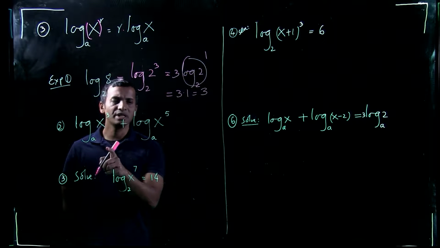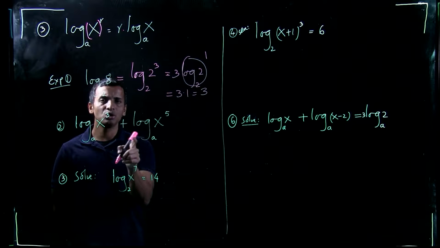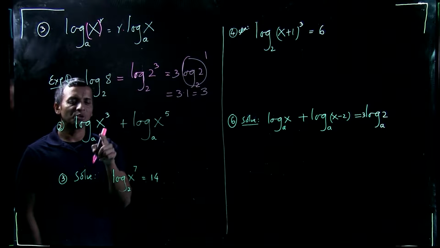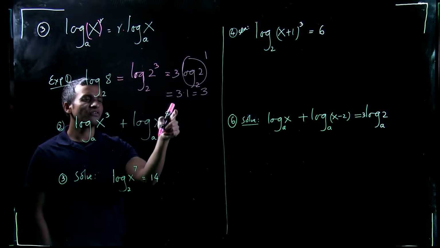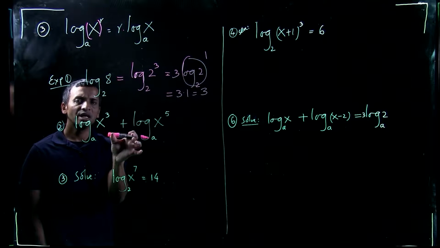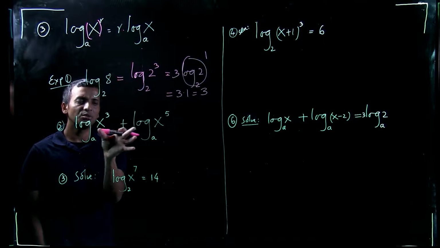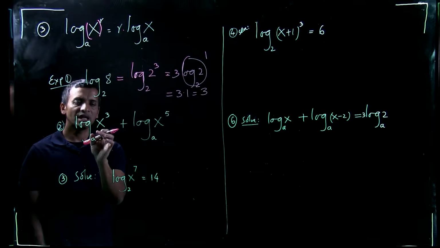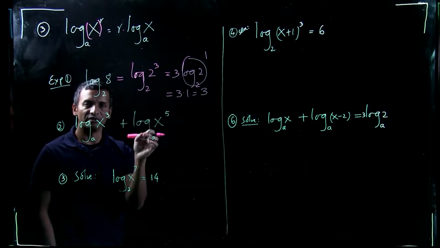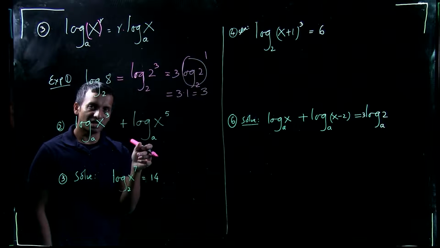The next thing we want to do is, you want to combine these two logs, okay? So log of x to the third with base a, and log of x to the fifth with base a. So there are two ways to do that. One way is, you can apply formula number 3, that is, you add the two logs, meaning log base a of x cubed times x to the fifth, that will be x to the 8th, right?